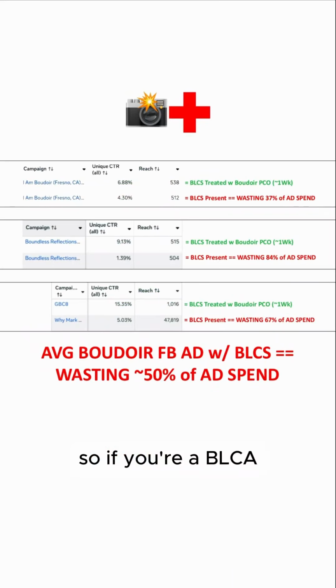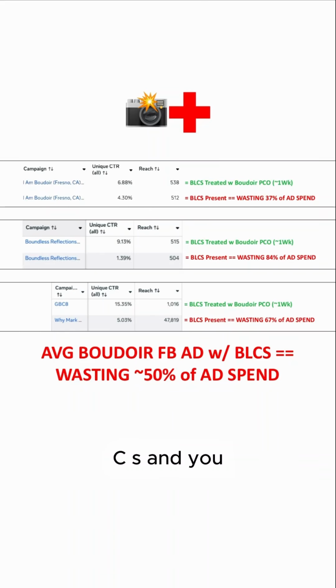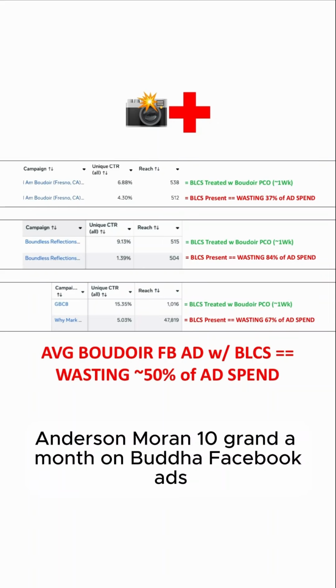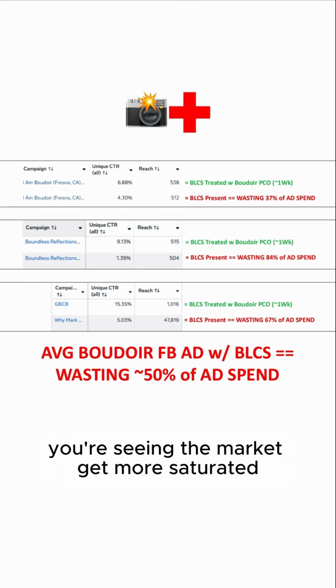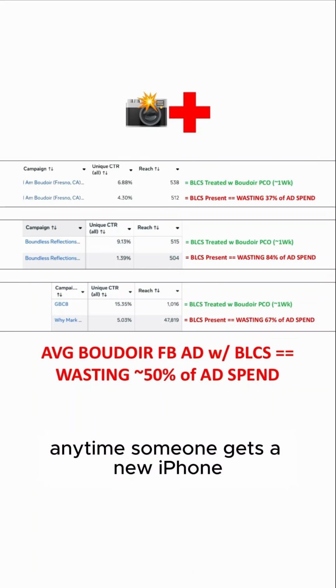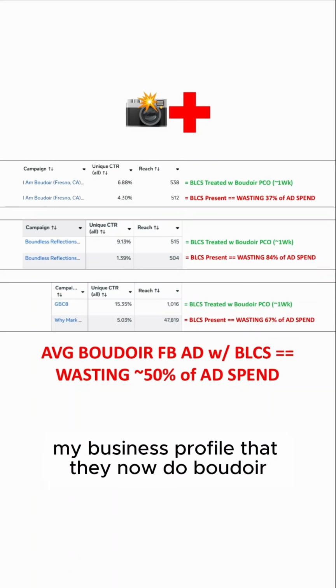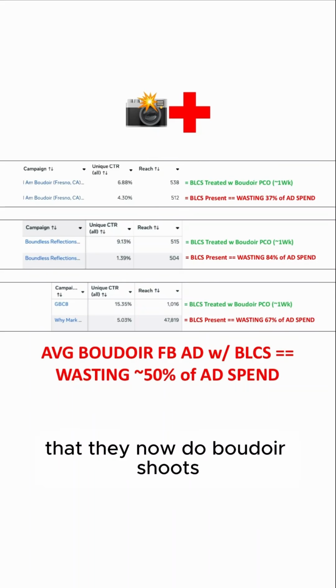So if you're a BLCA with BLCS, a Boudoir Low Click Advertiser, and you're spending more than 10 grand a month on Boudoir Facebook ads, and you're seeing the market get more saturated with more boudoir photographers, anytime someone gets a new iPhone they're throwing up a Google My Business profile saying they now do boudoir, or they get a new camera and they're posting in the mom groups that they now do boudoir shoots.